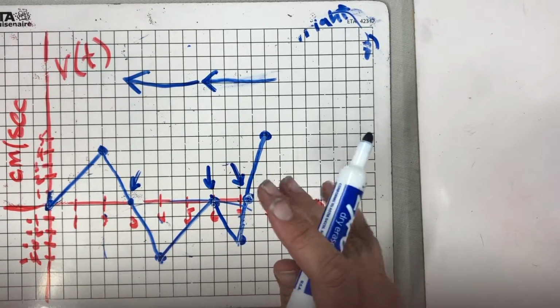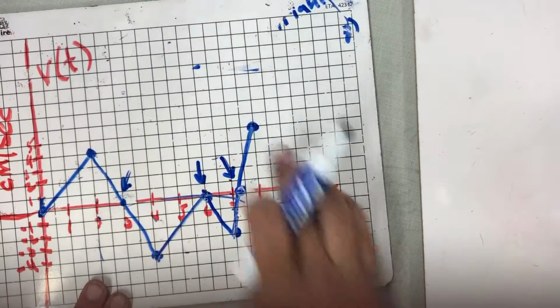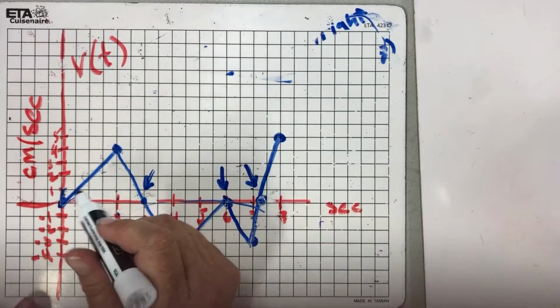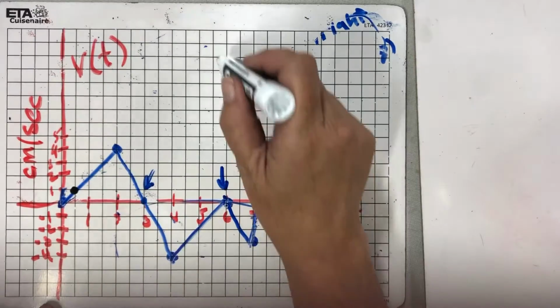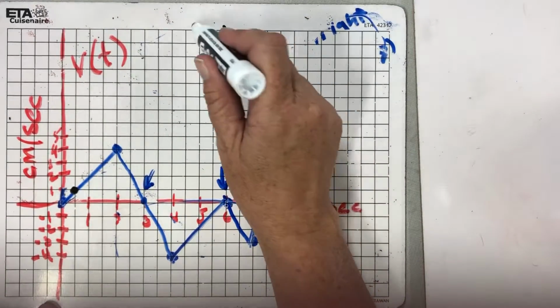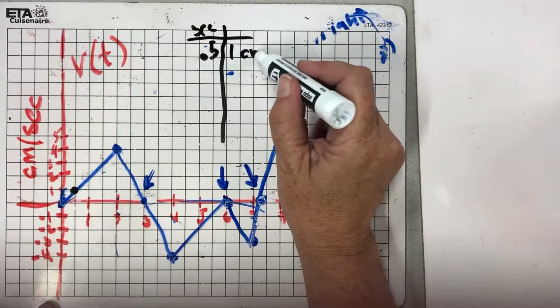So now let's talk about what velocity this thing was actually going. Let's analyze a few spots here. At 0.5 seconds, there was a velocity of 1 centimeter per second.